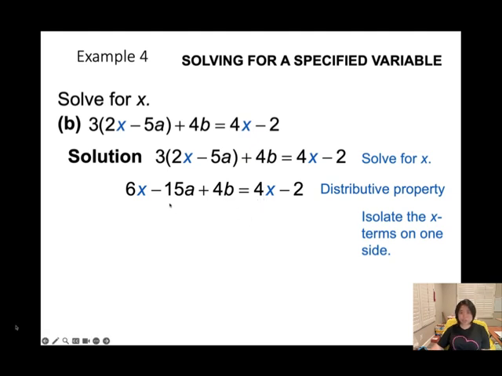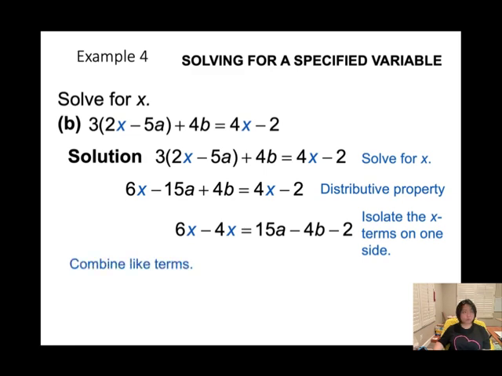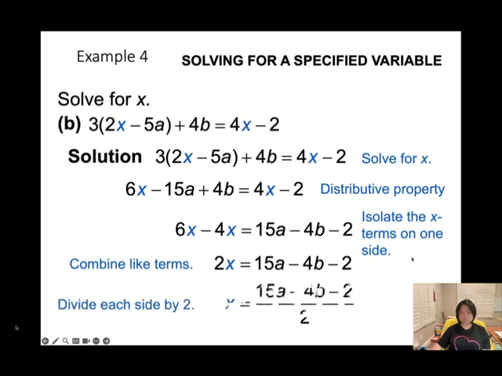And at the same time, we can add the 15a to both sides and then subtract the 4b from both sides. So you should have this here. And then combine the like terms, which is going to be 2x equal to this. We want to solve for the x, right? So we're going to divide by 2 on both sides. So this is going to be your x equal to.